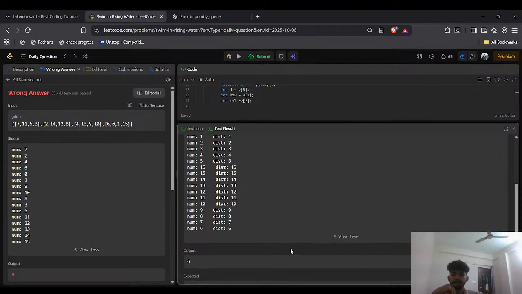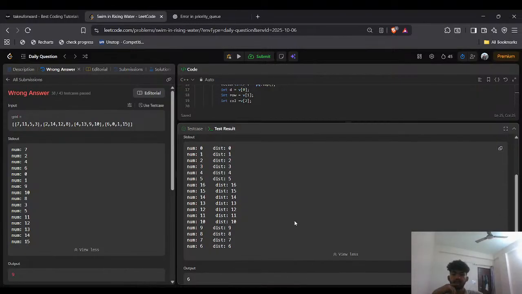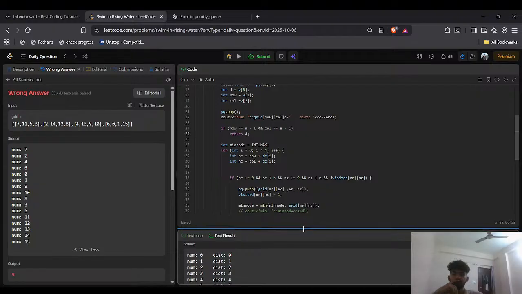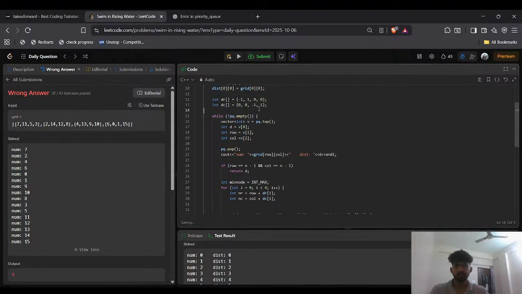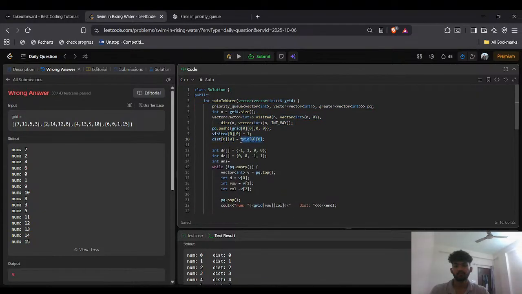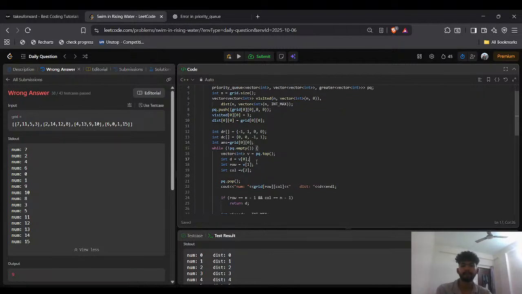6. But we can store max of D. Our answer, we can initialize the answer here, int answer. Okay.